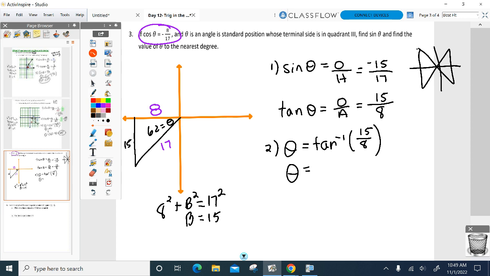And I need more though, right? How much more? 62 degrees more. So I don't want to do 180 minus that. I want to do 180 plus 62 to get it. If you do minus, you're backing yourself up into the second quadrant. And this ends up being 242, which is definitely in the third.